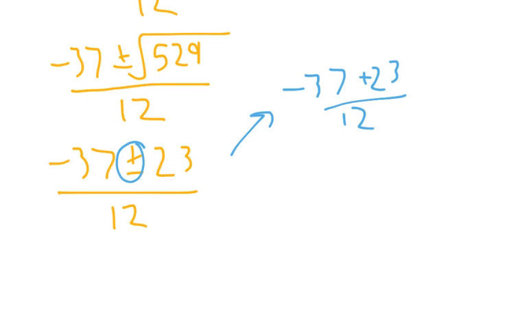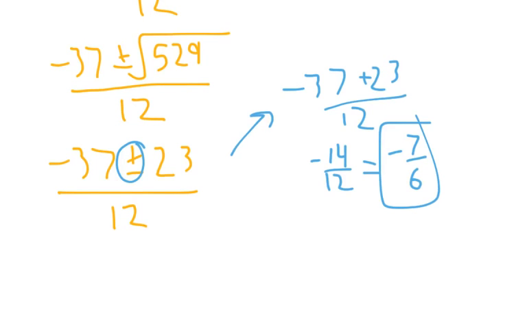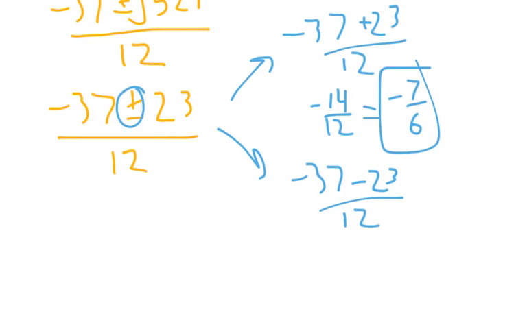And so that gets us negative 14 over 12, which is equal to negative 7 over 6, which is an acceptable answer. And then when we do the other one, negative 37 minus 23 over 12, we end up getting negative 60 over 12, which is equal to negative 5.